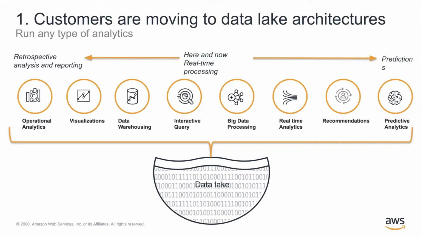A data lake is an architectural approach that allows you to store massive amounts of data into a central repository. So it's readily available to be categorized, processed, analyzed, and consumed by diverse groups within an organization. And this is exactly the type of architecture that you can build on AWS.